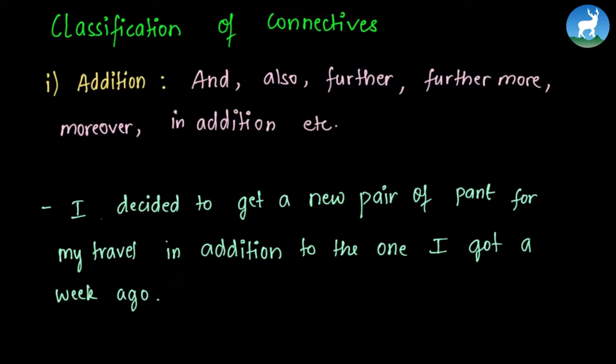Now here are two sentences. I decided to get a new pair of pants. And the other sentence is I already got one a week ago. So these two sentences are connected using in addition. So in addition is the addition connective that we're using.